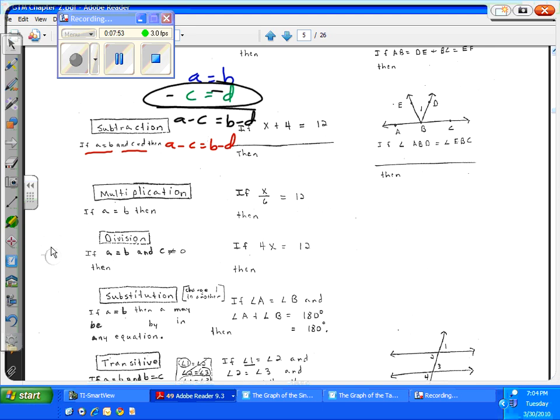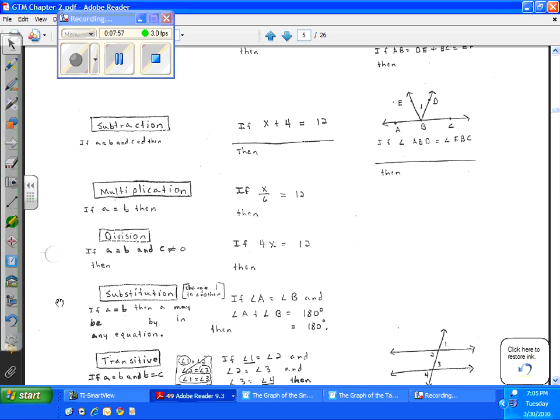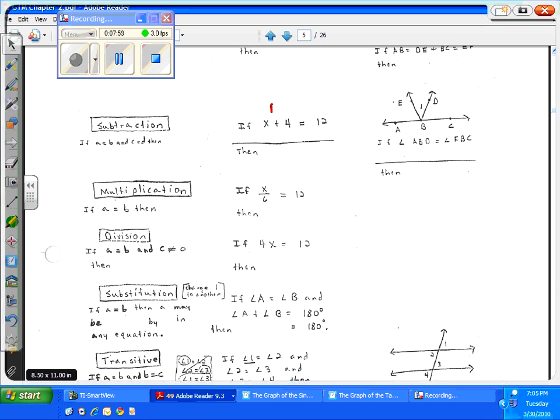Now, in an algebraic setting, that's usually the same thing as in this example, where we would undo addition by subtraction. We would subtract 4 from both sides and get x is equal to 8.